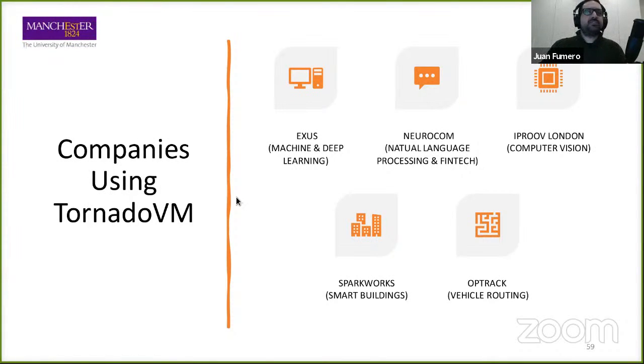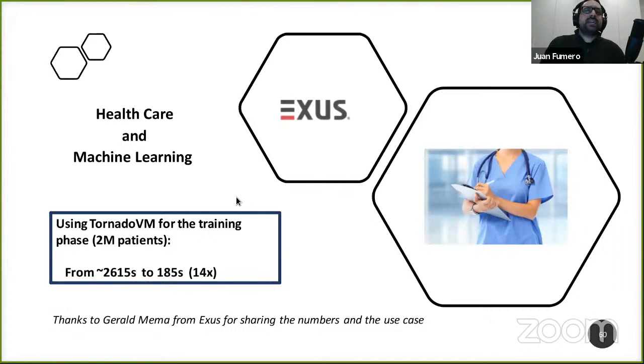So just to give you a few details about this, Exus is the one using deep learning, machine learning. And what they are doing is actually quite interesting. Apparently, if you go to a hospital, there is a chance to go back within a very short period of time. So there's a high chance to be readmitted.